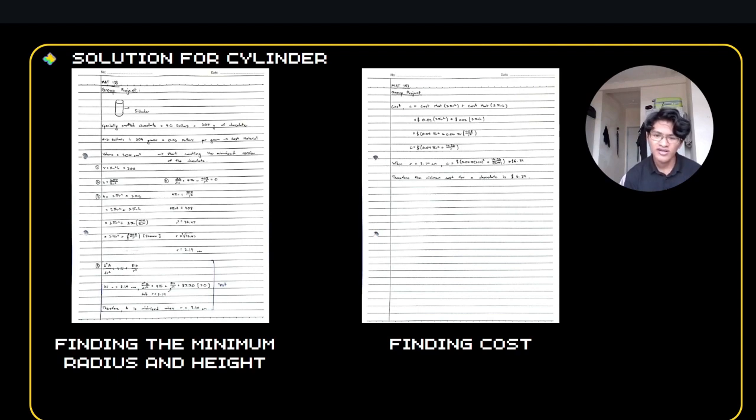When r equals 3.19 centimeter, which we calculated before, we substitute into the cost formula: 0.04 open bracket pi times 3.19 square plus 16.32 over 3.19 close bracket, which equals $6.39. Therefore, the minimum cost for a chocolate is $6.39 for a cylinder-shaped one.